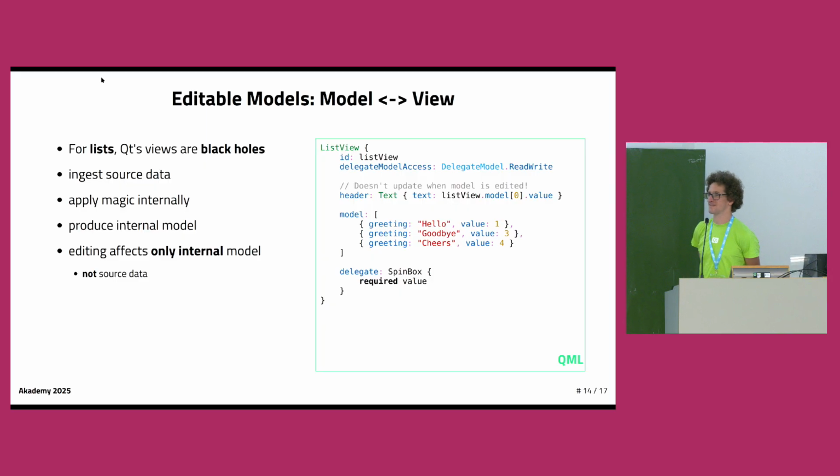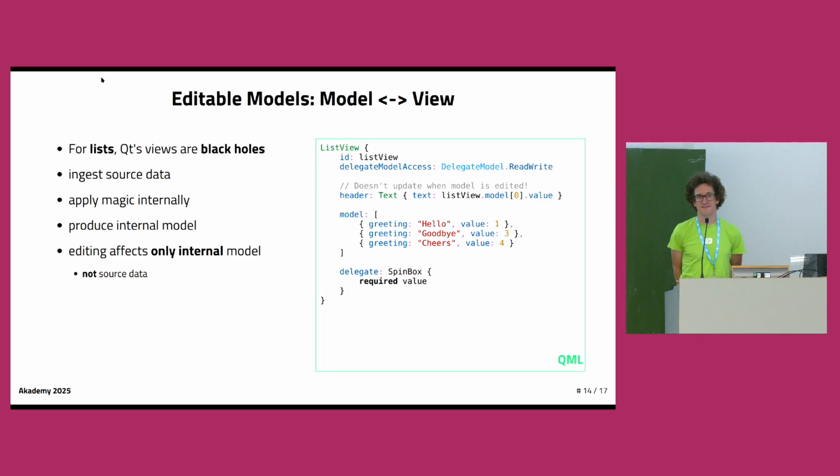What happens there is the view ingests your model data and internally has some adapters that eat your model data and keep internally something that kind of sort of looks like an abstract item model. And that thing gets updated when you twiddle the spin box. It's factually as if your delegate owned that.